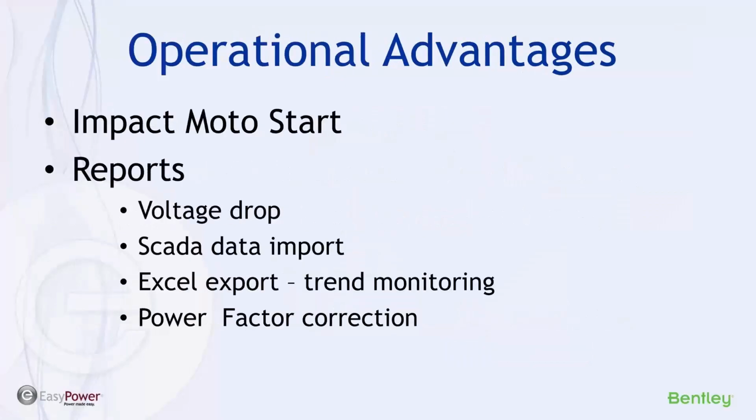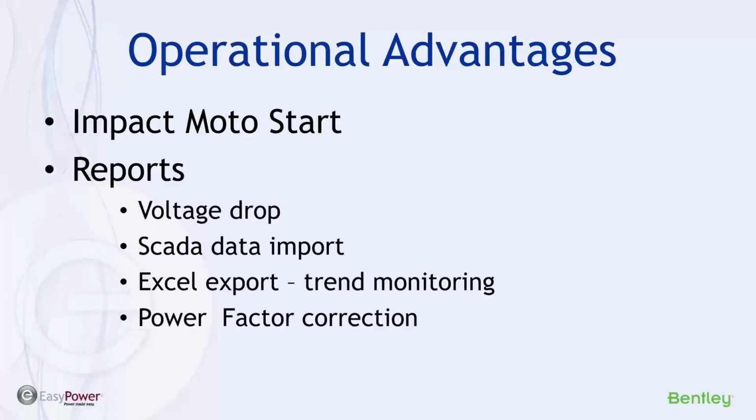I did want to touch on impact motor start because, in fact, this question just came in over the weekend: what's the worst case that will happen to my system if I start a motor and it instantly places that load across the line? I'm not going to talk about voltage drop or SCADA input, and we touched on power factor correction already.